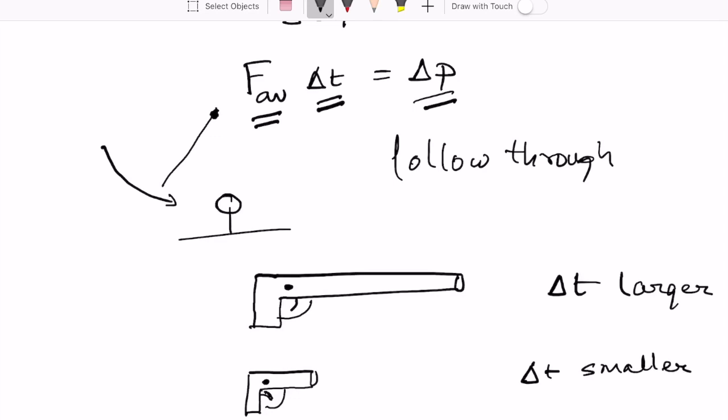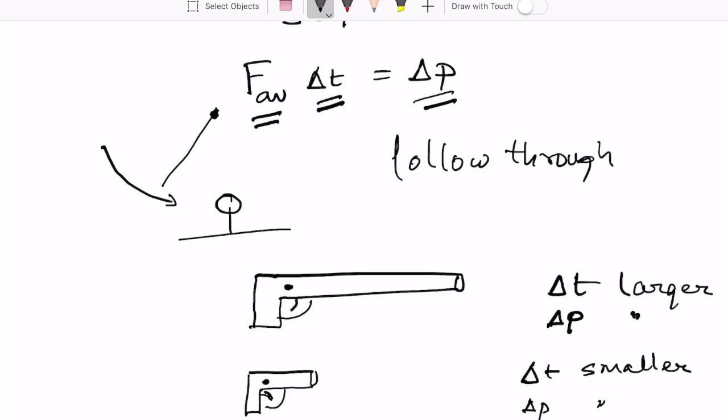So if the F average is the same, then F average times delta t would be a larger number for the rifle. And so that would mean that delta p is greater. And here delta p for the bullet is smaller, so the bullet will exit with a smaller momentum or smaller velocity in the case of the handgun, right?